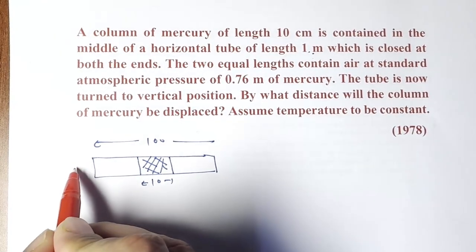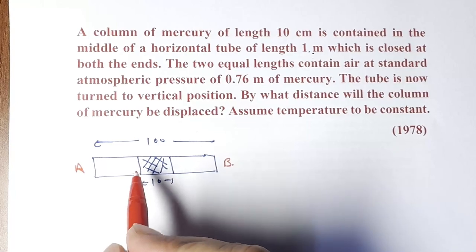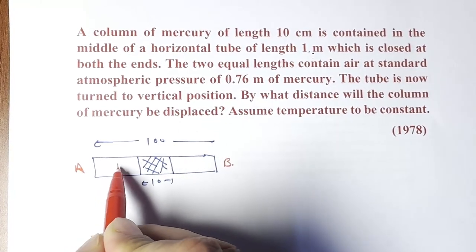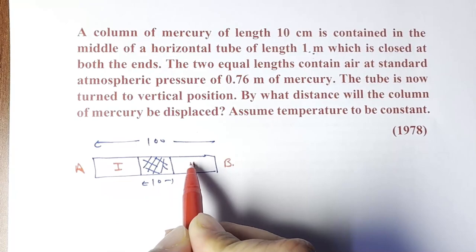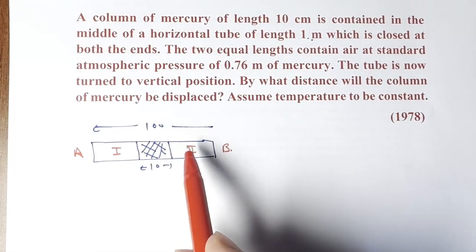Let us call this end A and this B, and this is our first air column and this is our second air column. So total length is 100.